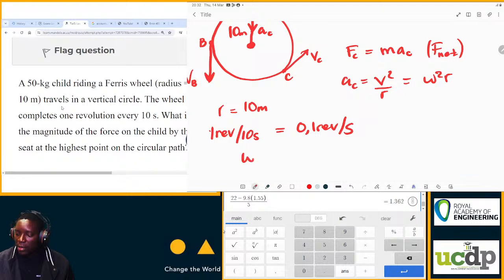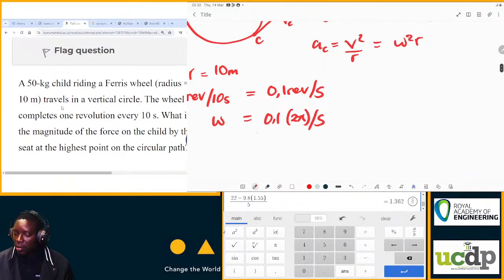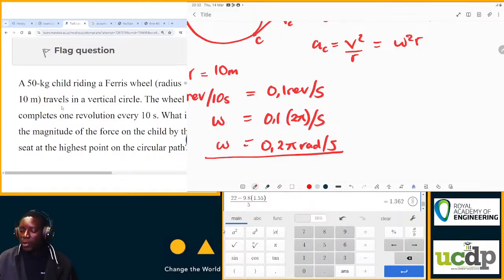And this means our omega will be 0.1 times 2 pi per second, since a revolution is 2 pi. This gives us 0.2 pi radians per second. That's the angular speed, the rate of sweeping the angle, or change in the angle.